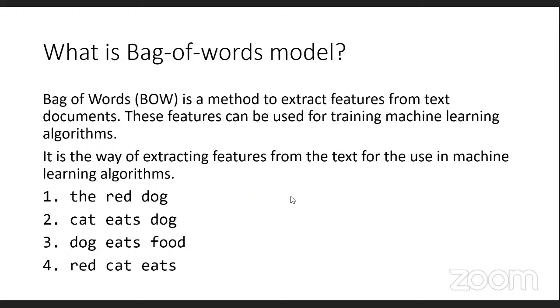In red it will mention one, below dog it will mention one. And for the remaining words, cat, eats, it will mention 0. For all other words it will mention 0. Like that it will be formed. This is called bag of words. Here it gives the frequency of an individual term in the document. Okay, this is what bag of words means.